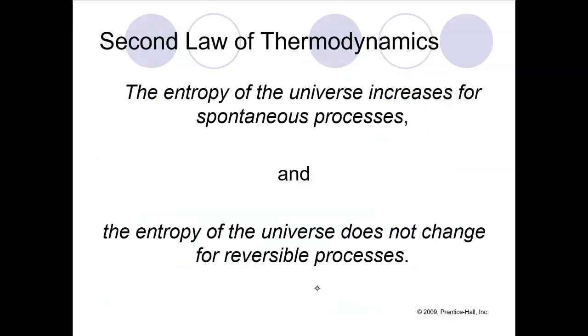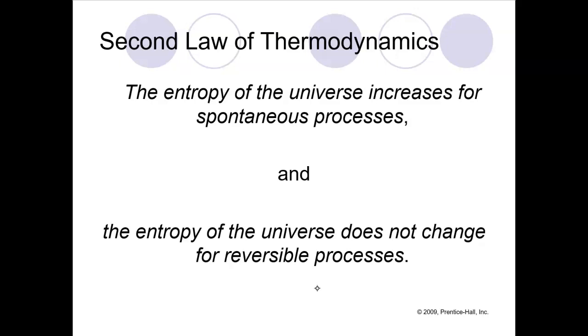So the first law of thermodynamics was energy is conserved. Awesome. Well, this second video is all about entropy. It's all about delta S. So the second law of thermodynamics is all about entropy. It's all about delta S. So it's a two-part law. And it's not like I pick this part, I don't care about that one. It's an all or nothing thing. You gotta know part 1 and part 2 because together they make the second law of thermodynamics.